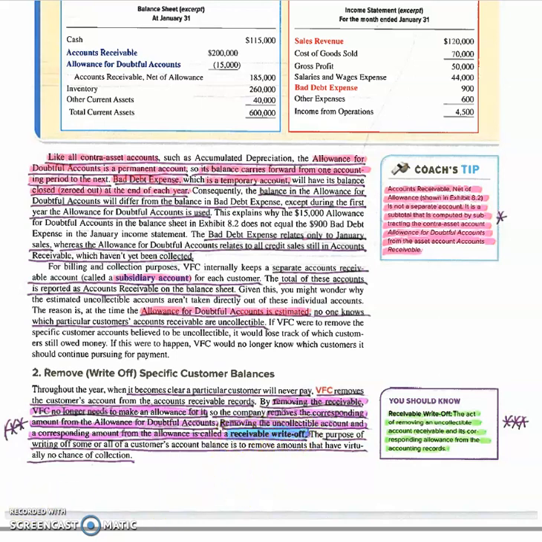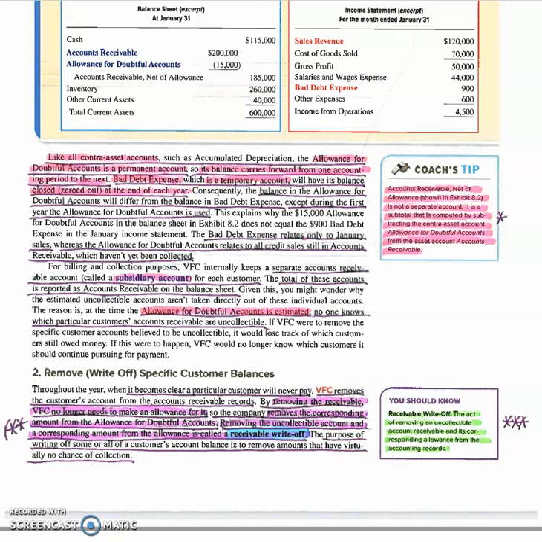So to remove that account, we're going to credit accounts receivable for the amount we're reducing that account by, usually the balance. And then we're going to debit the allowance account. Now notice we are debiting the allowance account, not bad debt expense. We debited bad debt expense back when we set up the allowance. So we are debiting the allowance, which is a contra asset. It carries a credit balance and reduces accounts receivable.